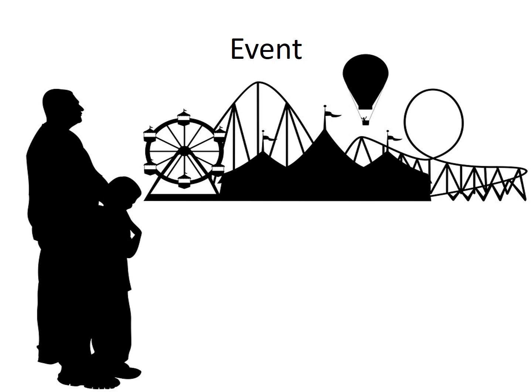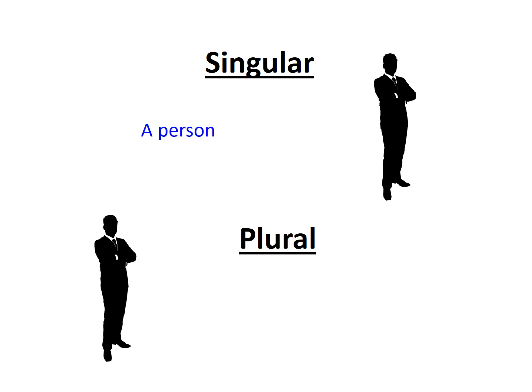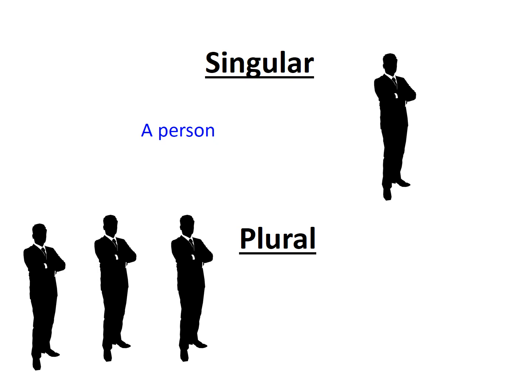This video, though, concentrates on moving a noun from its singular form to its plural form. Let's think about how that could happen. Singular means one. In this case, that would be a person. Yet plural is more than one person.